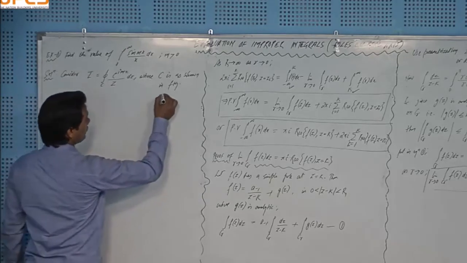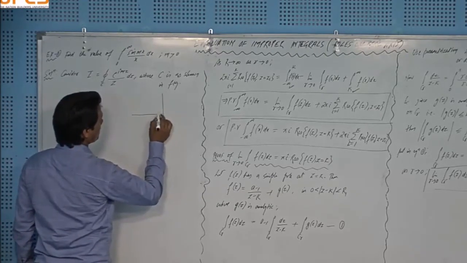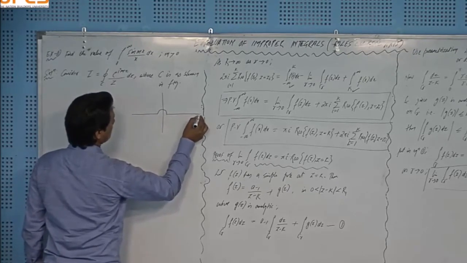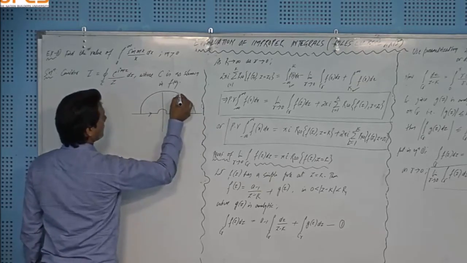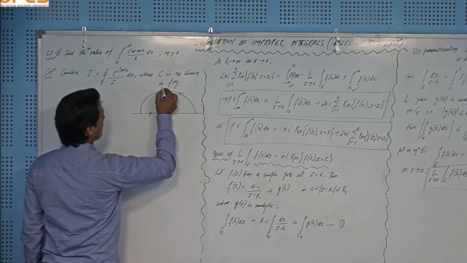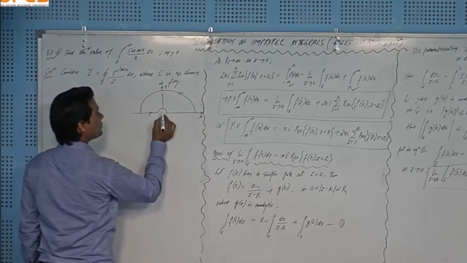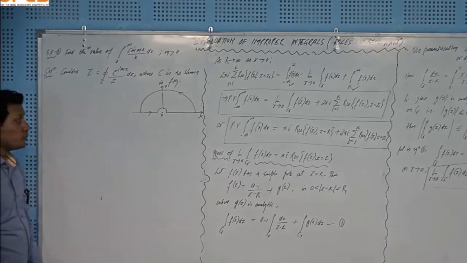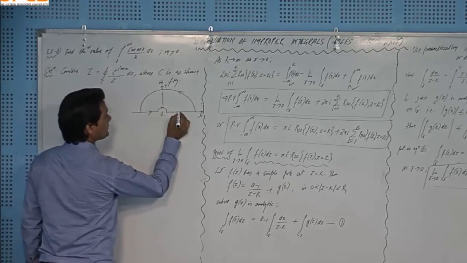The contour will look like this. You should make a small jump here at z equal to 0. This is the y-axis, and this is the x-axis. This is z equal to 0, your pole, which lies on the real axis, and due to which you have done this indentation, a small jump.